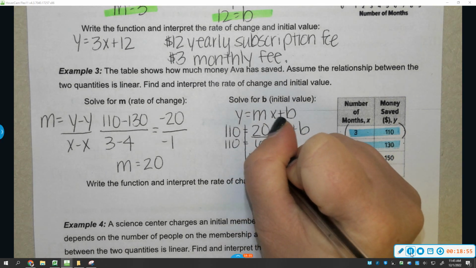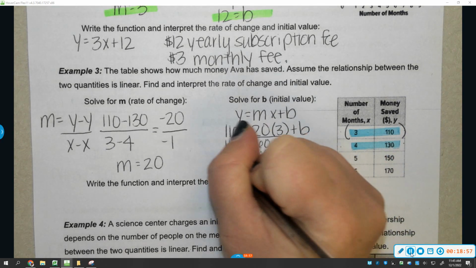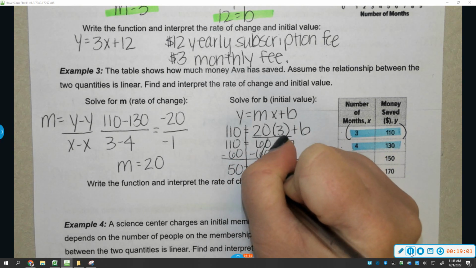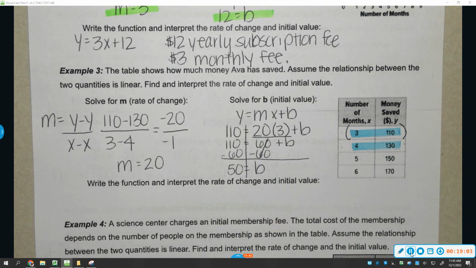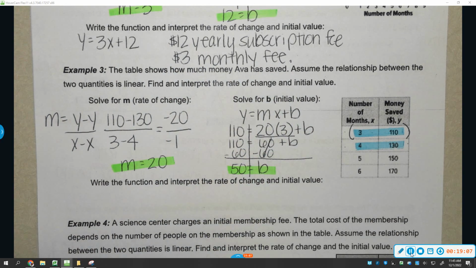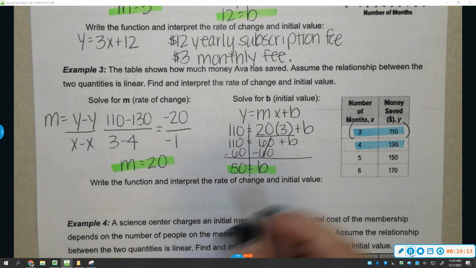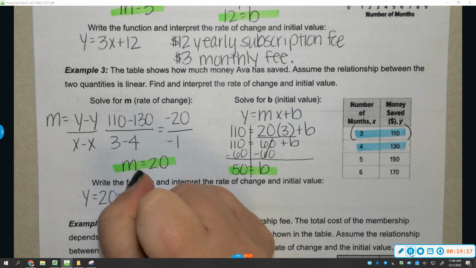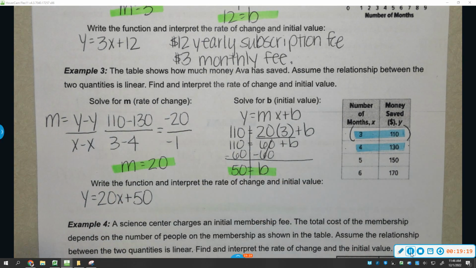To get b by itself, I subtract 60 from both sides, and I'm left with 50 equals b. All right, so we've accomplished half of the question. Write the function. y equals 20x plus 50.